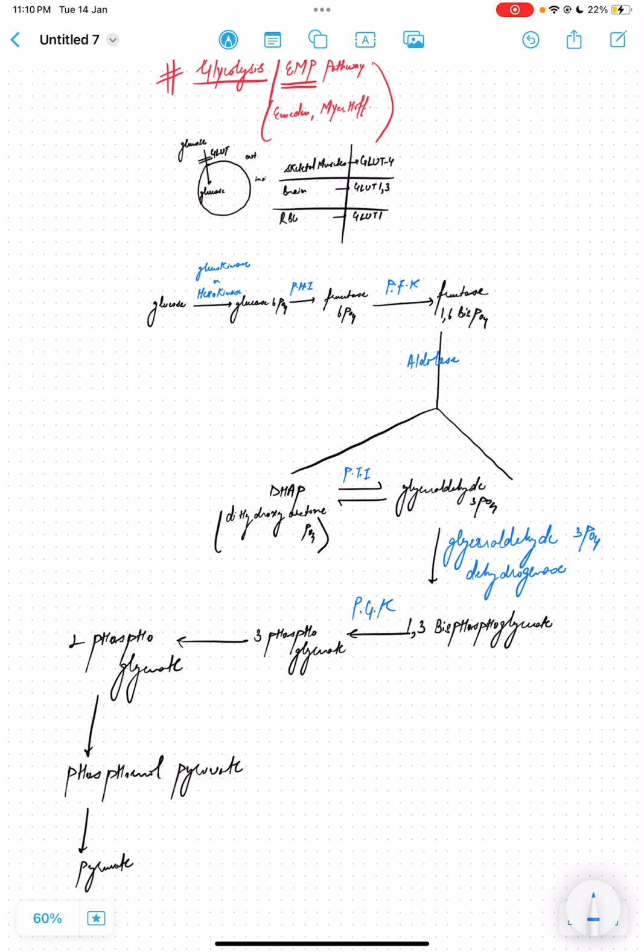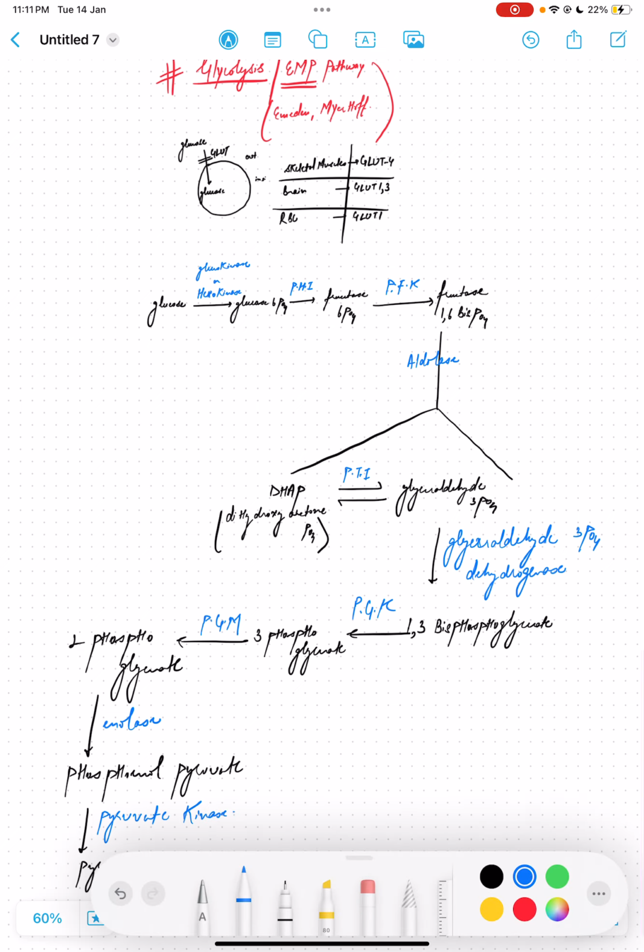Then 3-phosphoglycerate will convert into 2-phosphoglycerate with the help of phosphoglycerate mutase. Then 2-phosphoglycerate will convert into phosphoenolpyruvate with the help of the enzyme enolase. Then phosphoenolpyruvate will convert into pyruvate with the help of the enzyme pyruvate kinase.